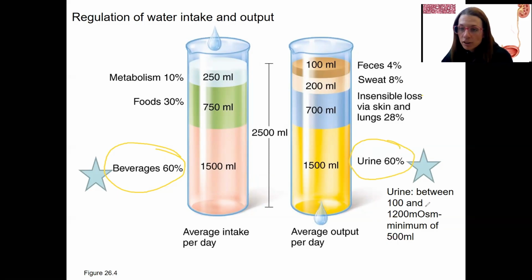The osmolarity of urine can vary between 100 and 1200 milliosmoles. So we can regulate output, and that's a useful thing. We want to be able to regulate this depending on what our input is, depending on what our sweat loss is, how much. There's also volume. So volume and osmolarity of urine can be regulated.